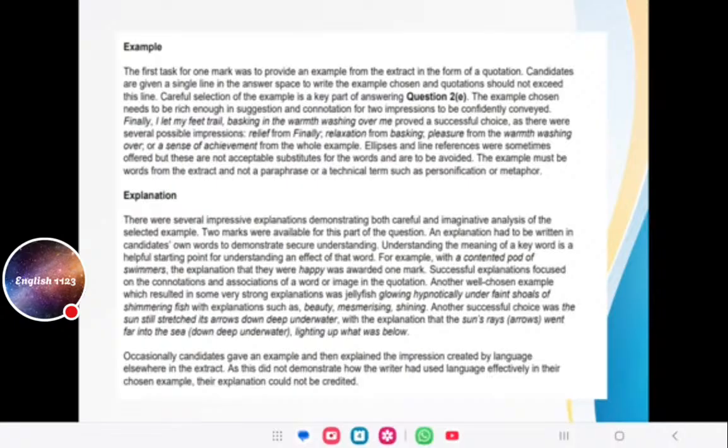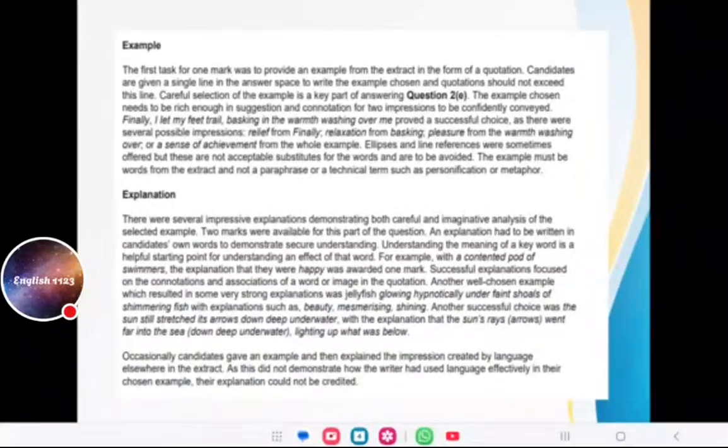For example, with a contented pod of swimmers, the explanation that they were happy was awarded 1 mark. The student wrote that all the swimmers, they were happy together, so you got your 1 mark for that. Successful explanations focused on the connotations and associations of a word or image in the quotation.